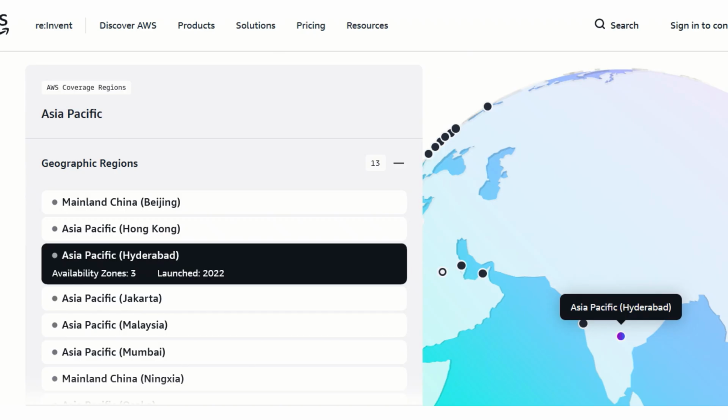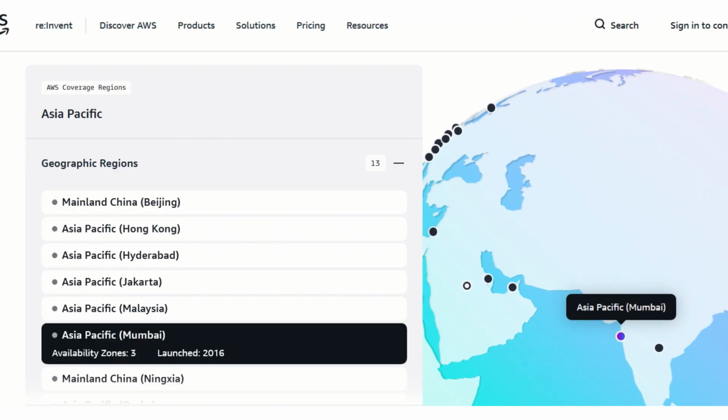Here you can see in India we have two regions, one is Hyderabad, another one is Mumbai. They are located nearest to the sea, so that they can connect the AWS multiple regions very quickly. There will be a cable going through this, and they can easily connect. That's the reason they are keeping the data center nearest to the seashore.